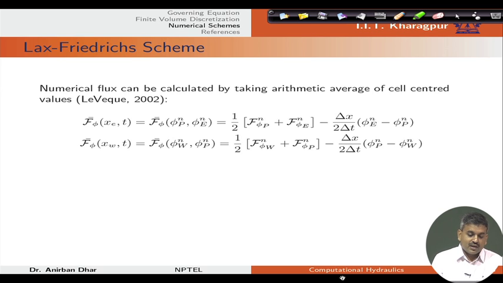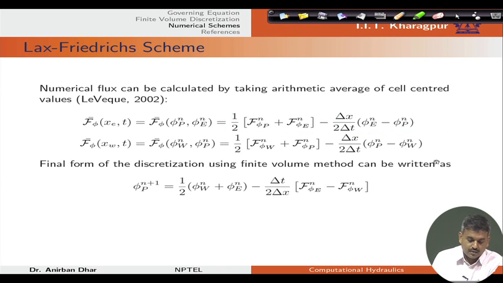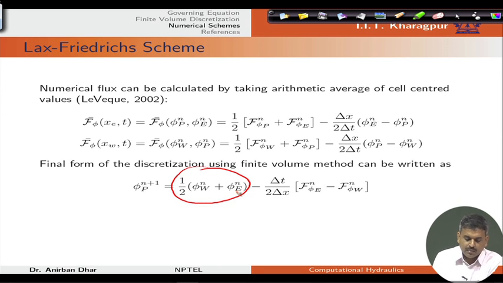So, in the Lax-Friedrichs scheme, the same type of average flux is used, but one extra term is added here, which is the difference between the east and our central P cell, and at the west face this is P minus W. So, the final form uses the averaged value of W and E instead of phi P n.